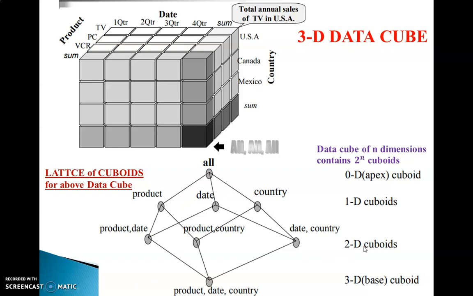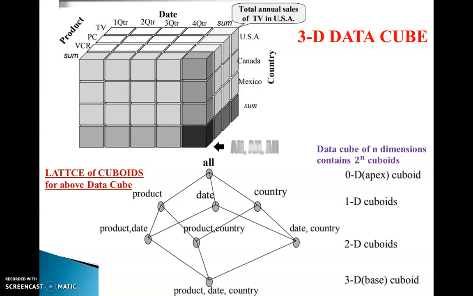So these are the 2D cuboids, which will include 1, 2, and 3. Then at the end you have the 3D cuboid, which is also called the base cuboid.